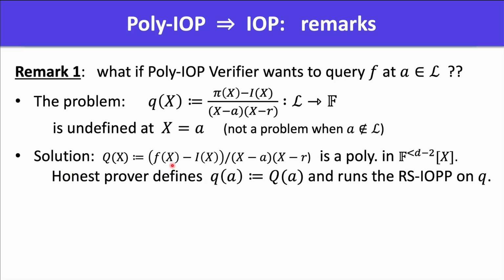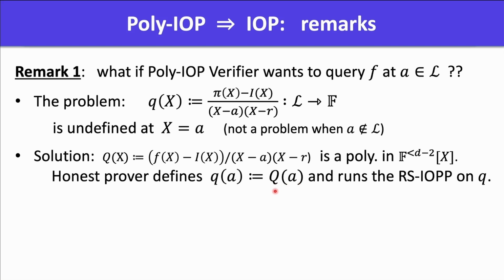Basically, you just need to remember that if in fact f of a is equal to b and f of r is equal to s, then this quotient of polynomials is just another polynomial of bounded degree d-2. In other words, this denominator actually divides the numerator as a polynomial. So we can define little q at the point a as this quotient polynomial evaluated at a.